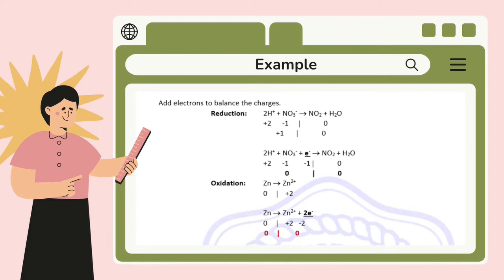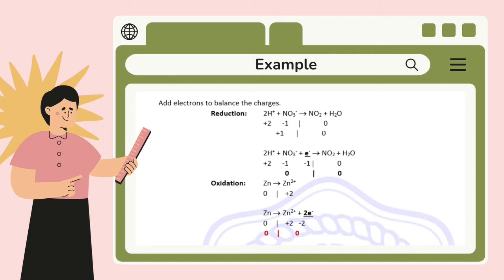Right after that, we're gonna be adding electrons to balance the charges. For the reduction, we have +2, -1 for the left side, and on the right side we have 0, and then next we have +1 on the left side and 0 on the right side. What we're gonna be doing in here is to add electrons.